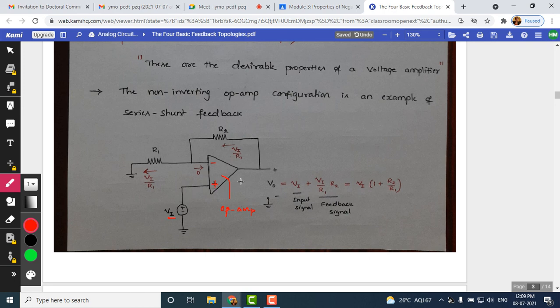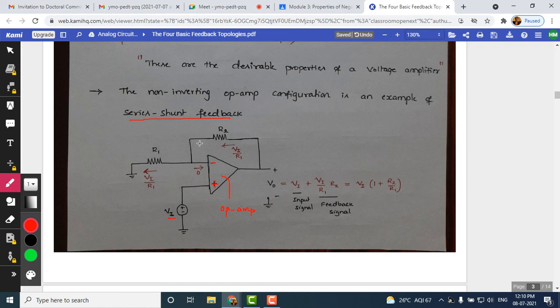So, this type of amplifier is a non-inverting amplifier, and we are grounding the inverting terminal through this resistor R1. Now, as I told you, this circuit is an example of series shunt feedback topology. So let us see how this is an example of series shunt feedback topology.